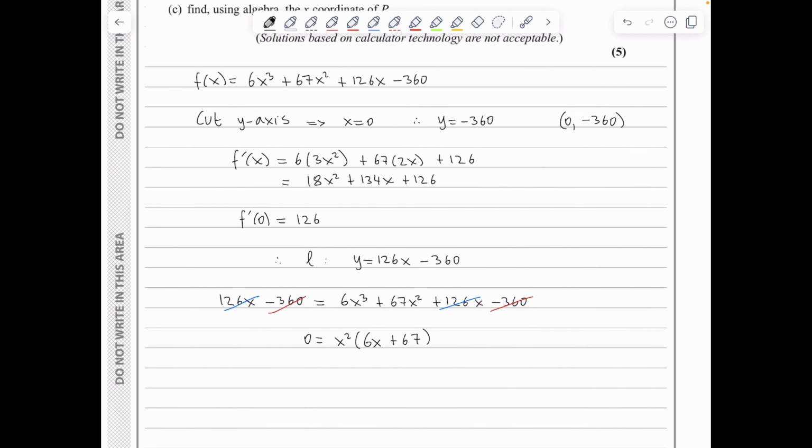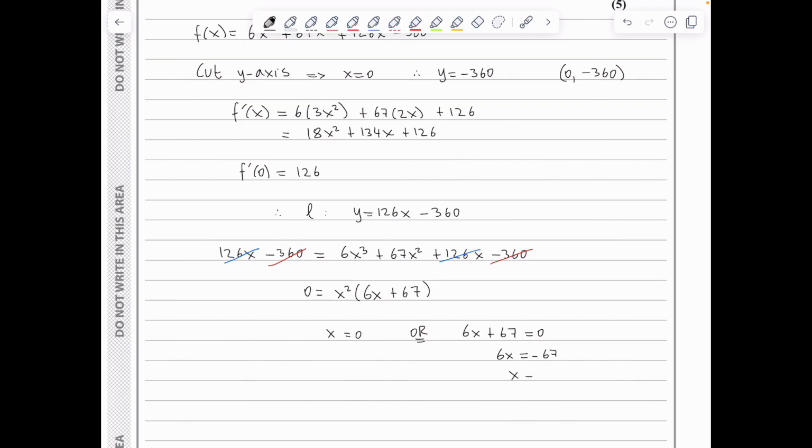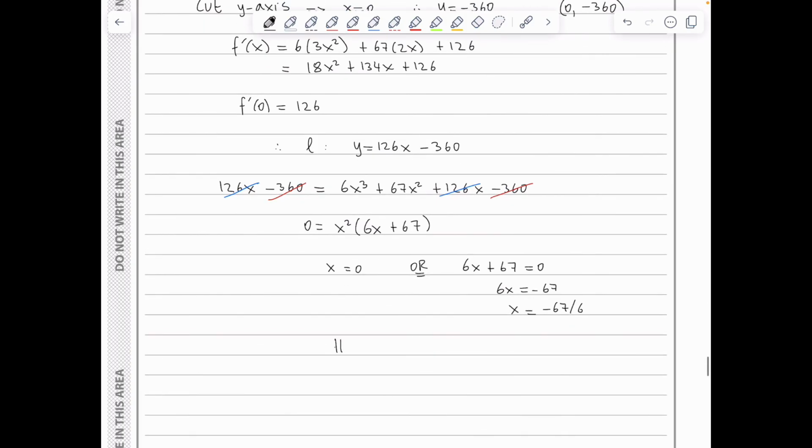So either x is 0 or 6x plus 67 is equal to 0, leading to 6x is negative 67. So x is minus 67 over 6, and therefore we conclude that at P the x coordinate is minus 67 over 6.